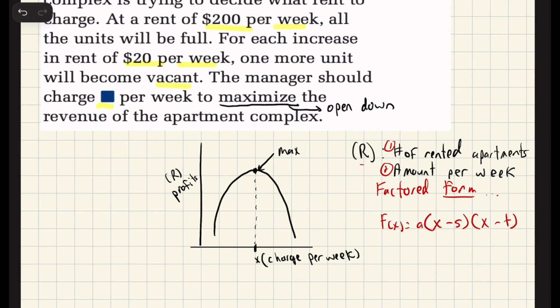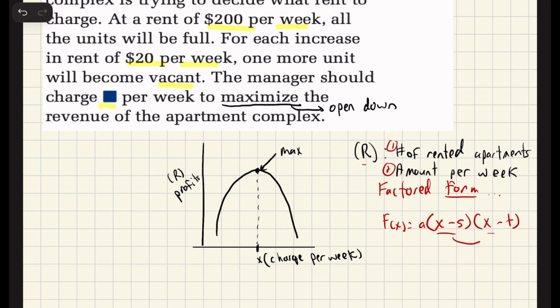This here means multiply. So one part of this problem could be the number of rented apartments, and then the other factor could be the amount per week. And so whenever your function is the product of two things, you know you should use the factored form.